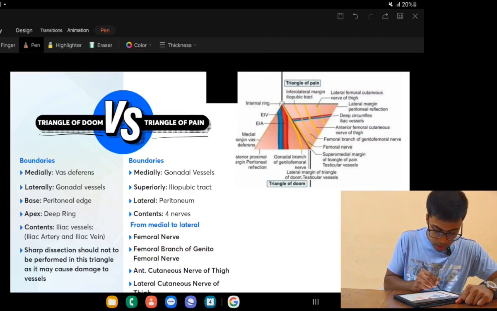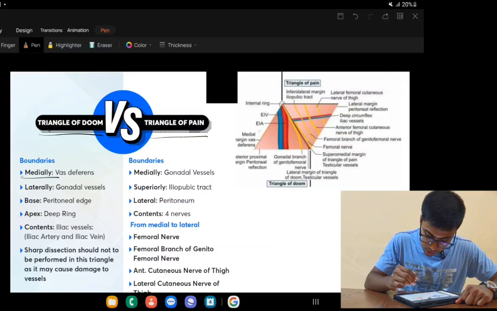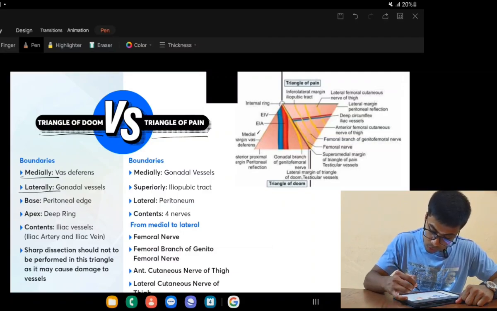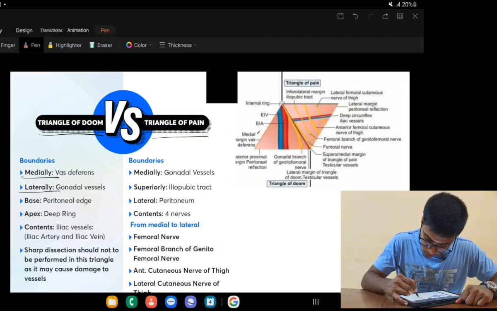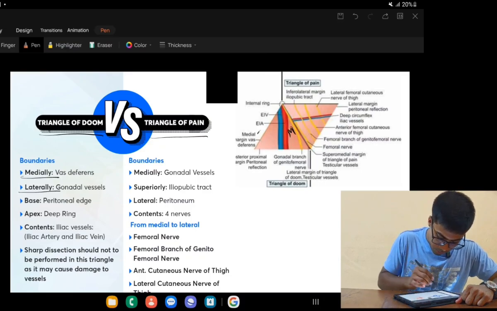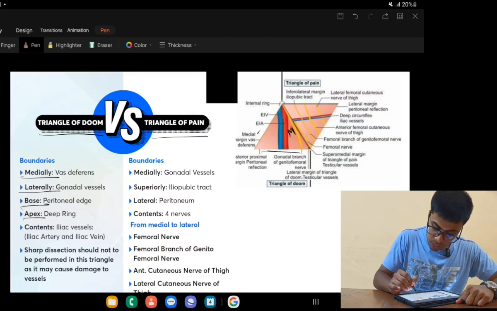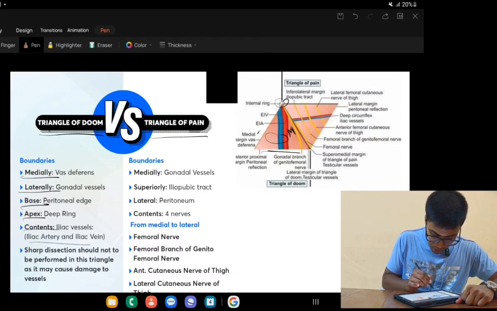Boundaries of the triangle of doom: medially we have the vas deferens, laterally we have the gonadal vessels, and the base is the peritoneal edge. The apex is the deep ring or internal ring. Contents are the iliac vessels, iliac artery and iliac vein.